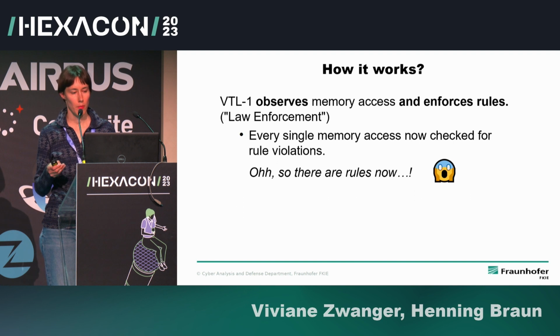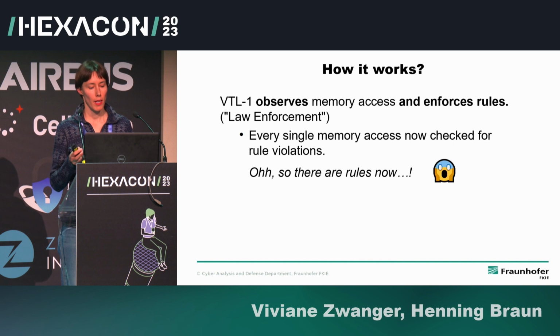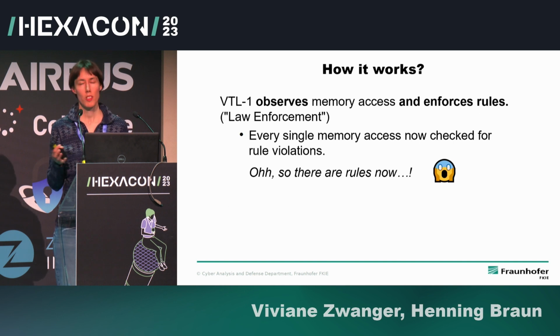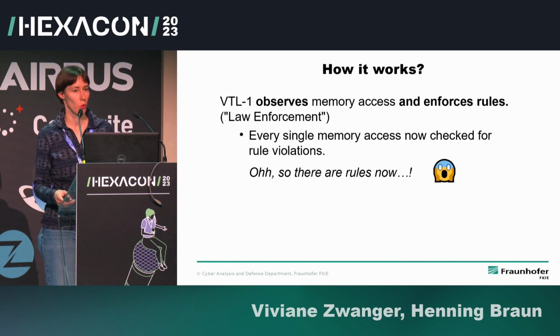Okay, so there is this Big Brother watching over the shoulder for every memory access, and it checks them for rule violations. And that might be the point where the audience says, oh, so there are rules now. Because before memory integrity, there were no such rules.